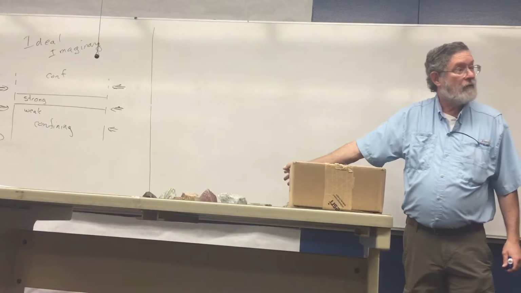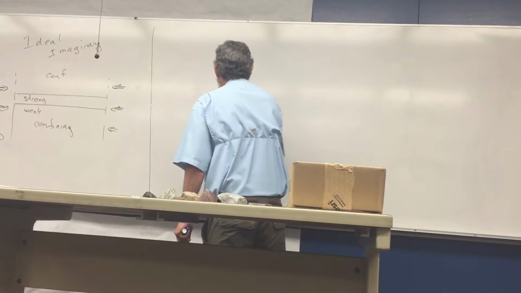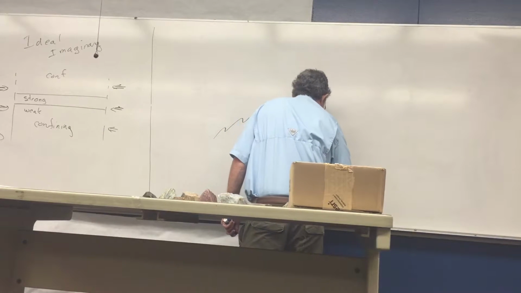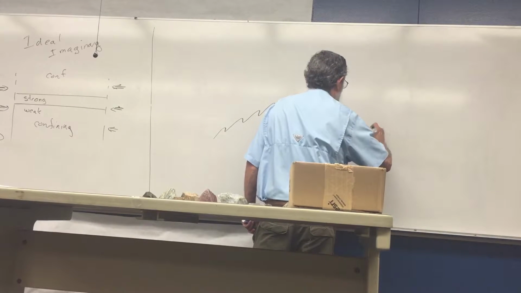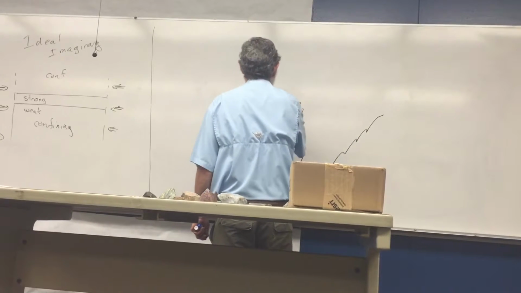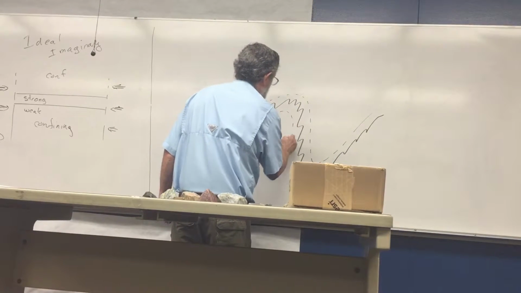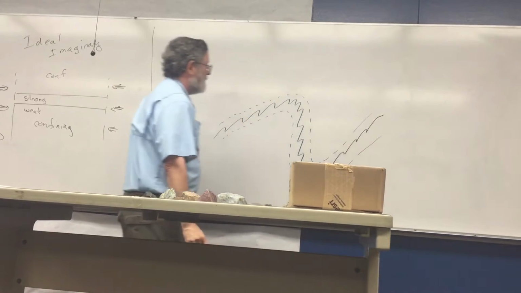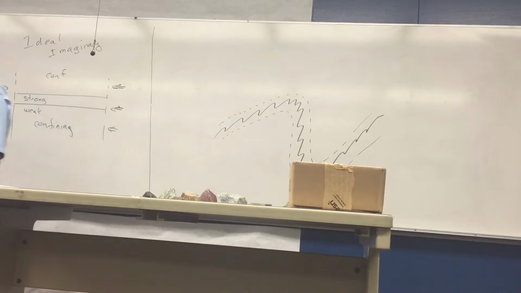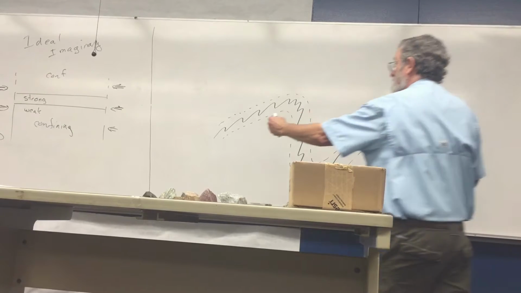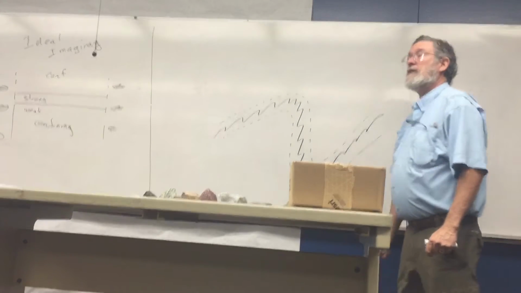But in the real world, what we see is that very often we will find folds that look like this, so that we have, I'm going to draw a general fold outline here, and we find smaller scale folds superimposed onto the larger scale folds. Now, I'm not going to put a scale on here. This might be 30 kilometers.